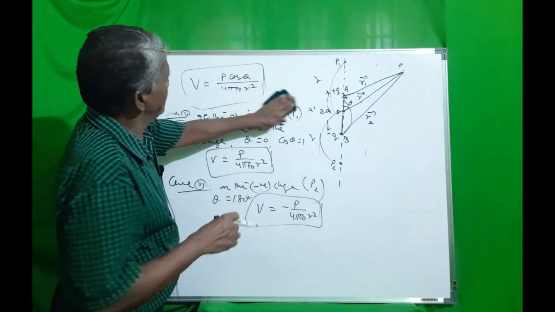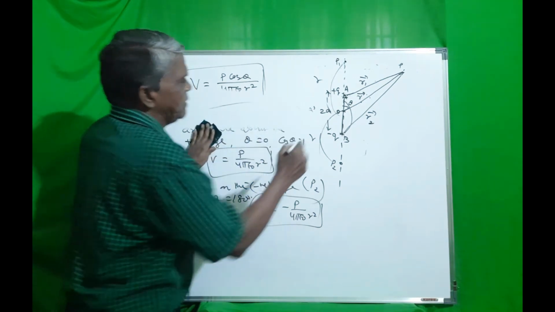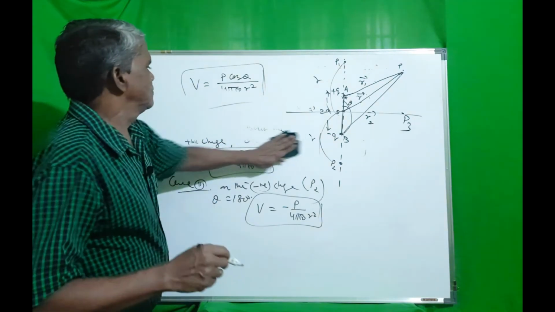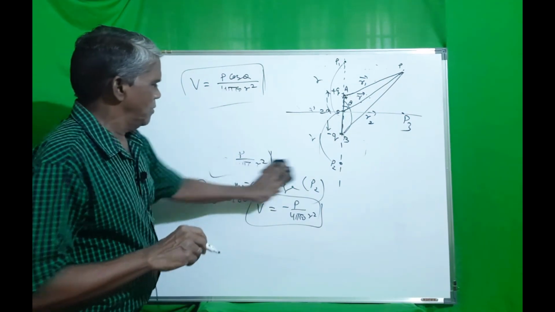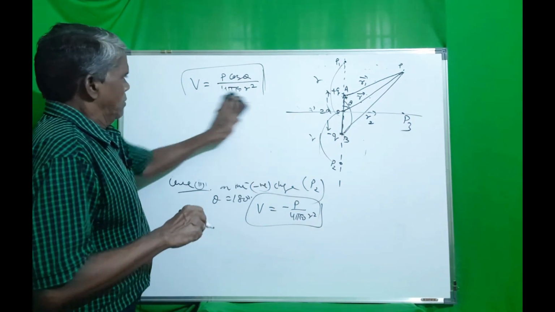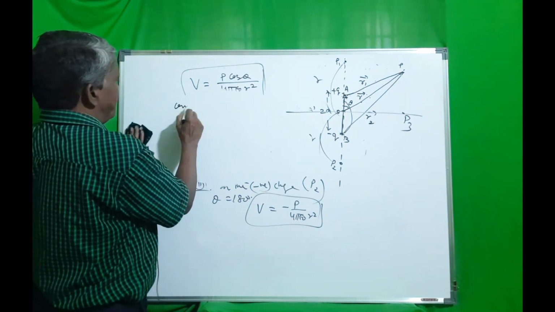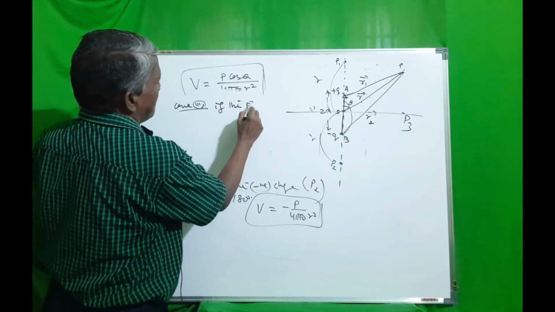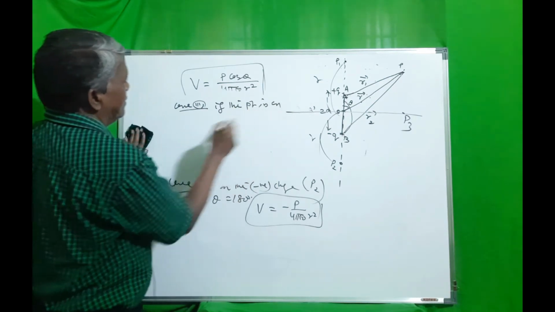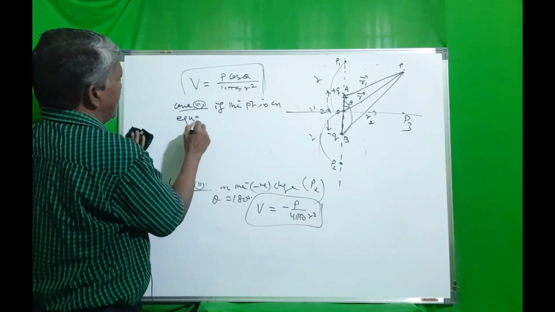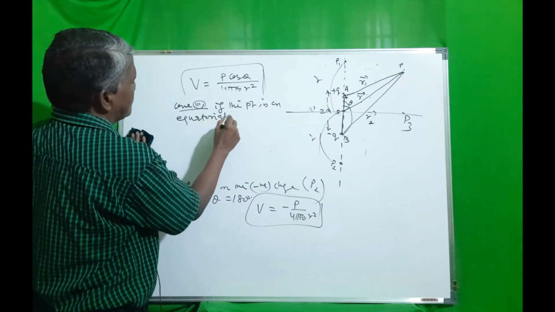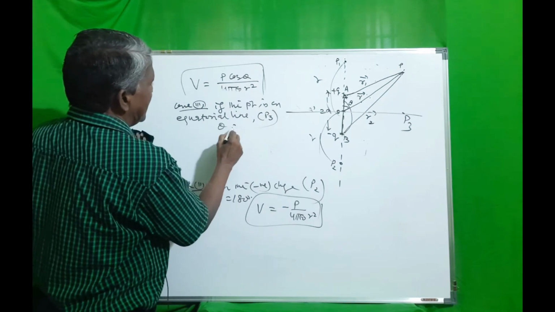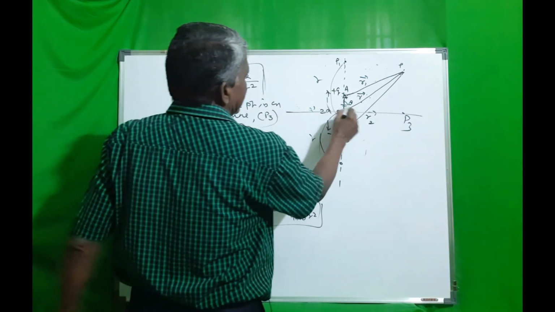Case 3, if the point is on the equatorial line, that is P3. So here theta is 90 degree.